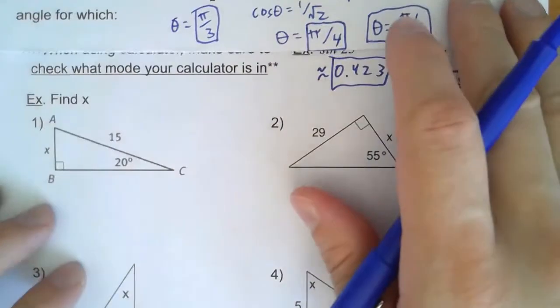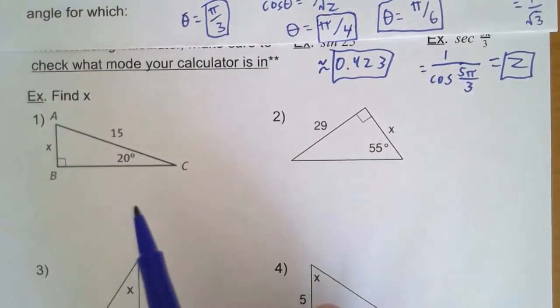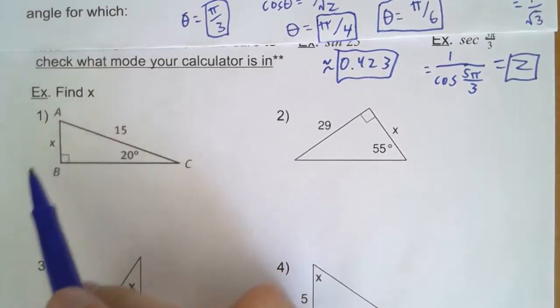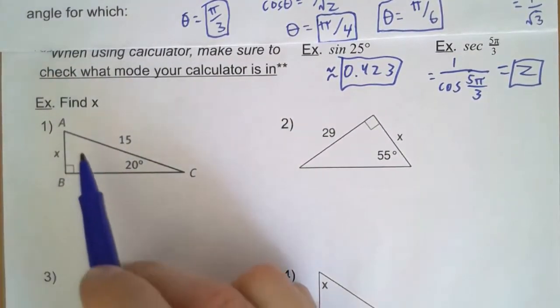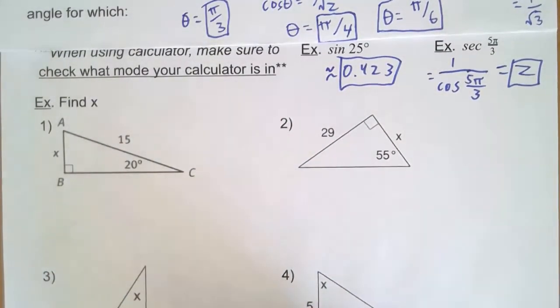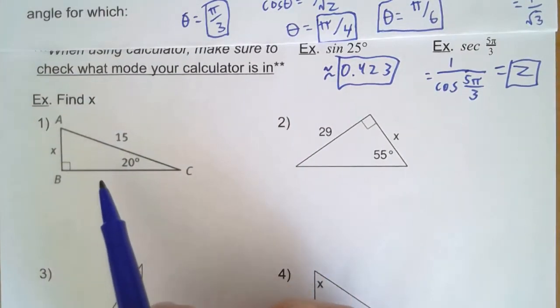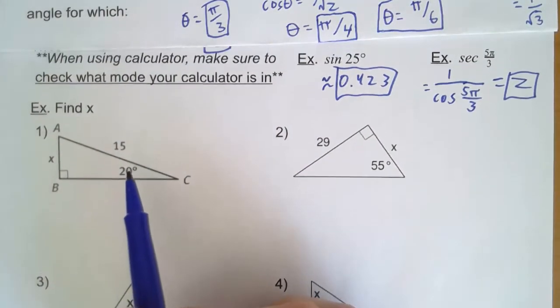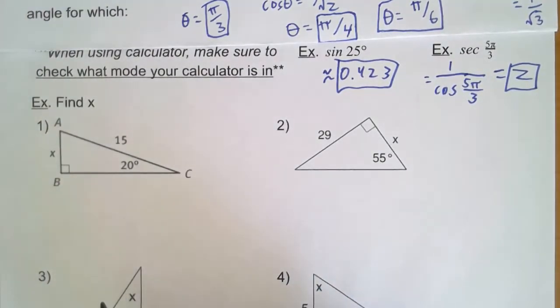So now how about these problems, trying to find these values of x? And of course, we're not just asking you to circle it and say, here it is. That's one of my favorite math jokes here, find x, here it is. But we want to actually find the value of x, right? So we've got a right triangle, and so we can use SOHCAHTOA. We can use this trigonometry. Sine, cosine, tangent are only good if it's a right triangle.